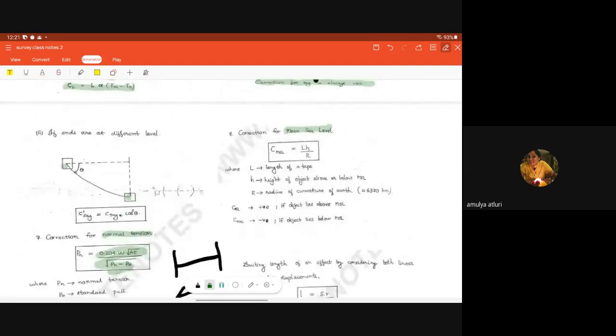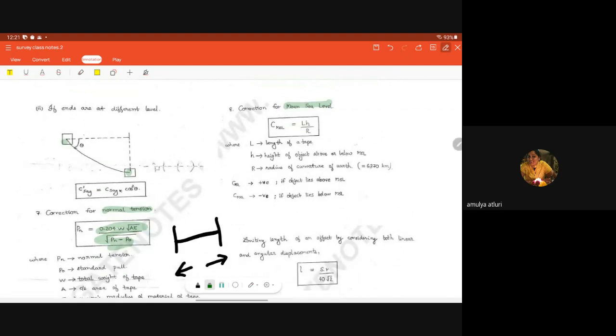Next, correction due to mean sea level. As we know, we'll consider mean sea level as our datum, so there will be a correction. C MSL is equal to L into H by R. L is the length of tape, H is the height of the object above the mean sea level, R is the radius of curvature of Earth.